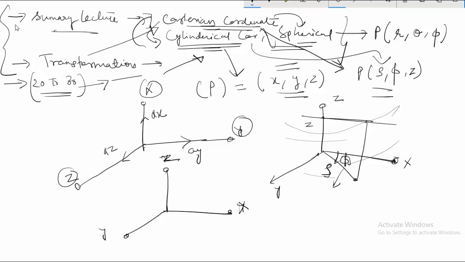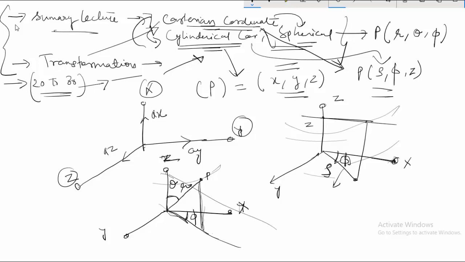So I will have a sphere of radius r, and this sphere will make an angle theta with the z axis, which is a cone, and finally, when you project the point to the xy plane, the point P will make an angle phi with a plane going in this side, which is the phi plane.